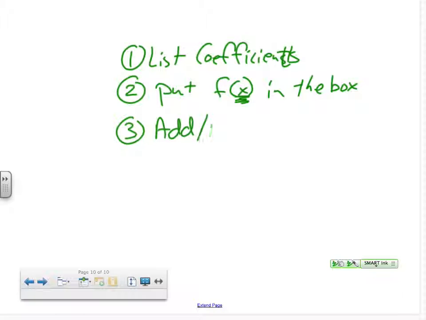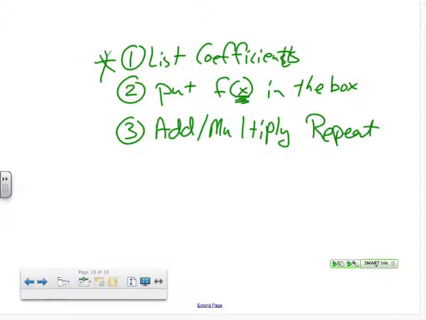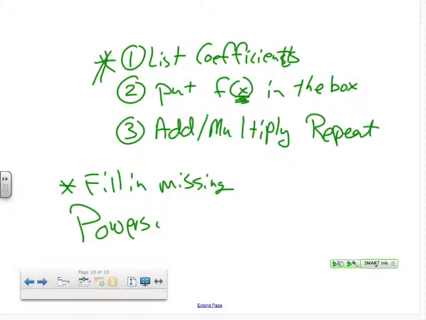Add, multiply, and repeat. All right? And as a kind of a star for number 1, fill in missing powers with 0. Very important. It will not work if you do not have all your powers.